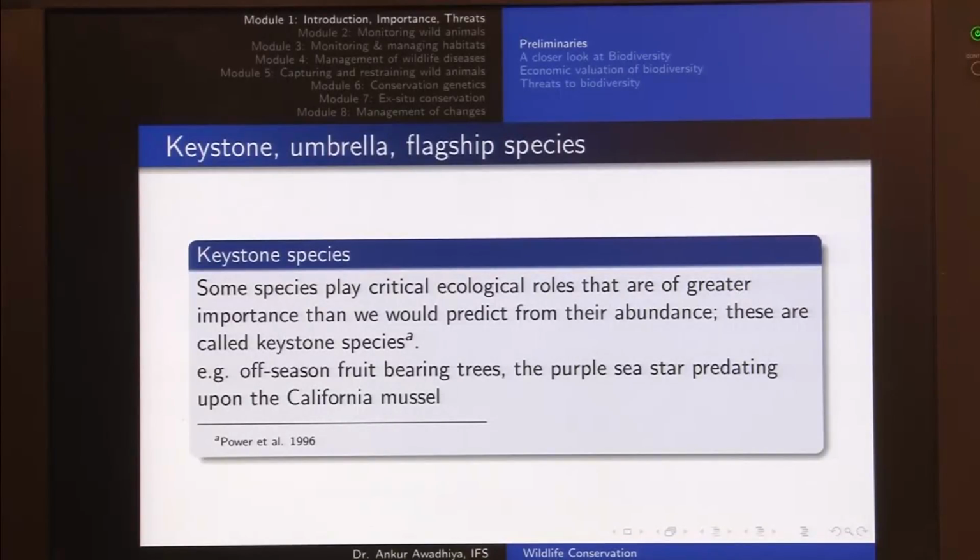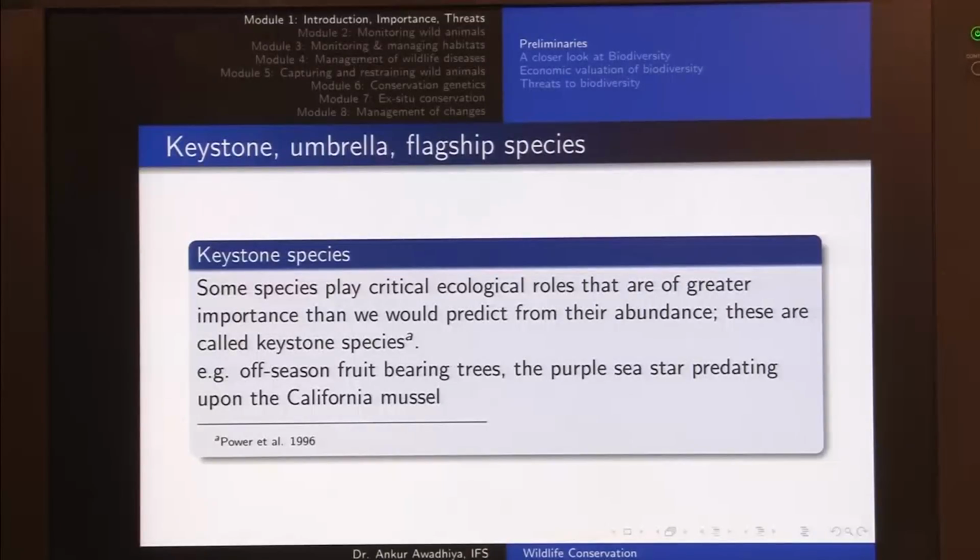Ficus species includes trees such as the banyan tree, the peepal tree, the gular tree, and so on. These trees support quite a number of organisms, especially in the off seasons, because their fruits are edible, their flowers are edible, and in some cases their leaves are also edible.